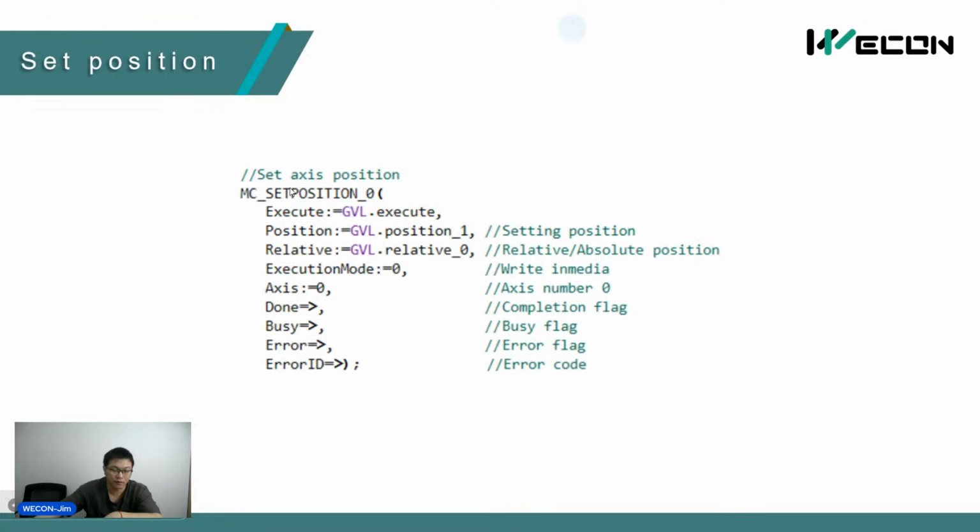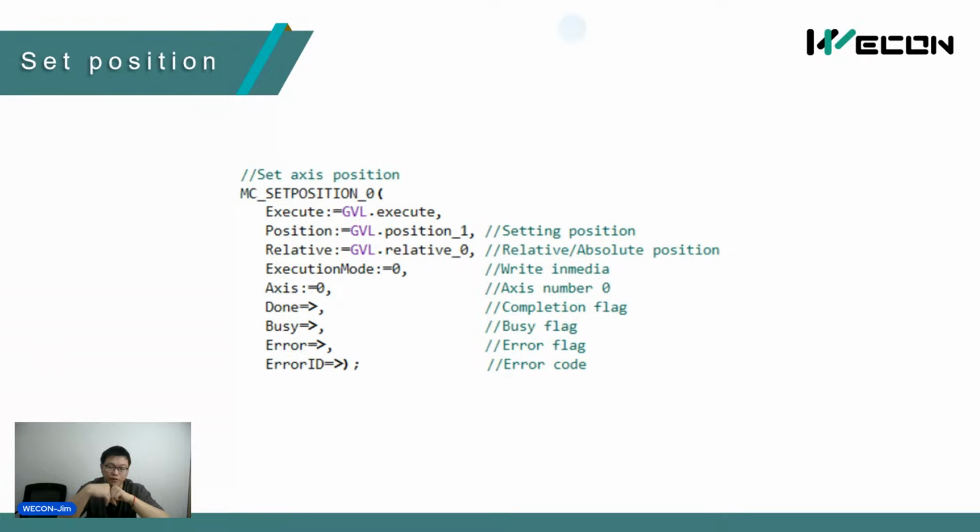Set position. This function block is to set the relative or absolute position of our axis. We have two modes, relative mode and absolute mode. For example, if our current absolute position is 100, and then we set the position as 200 with the absolute mode, after setting, the position will change to 200.